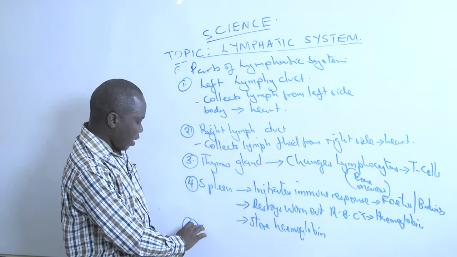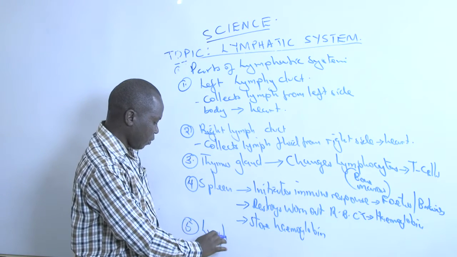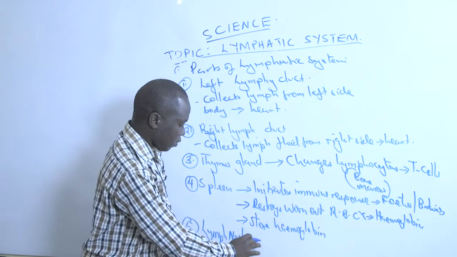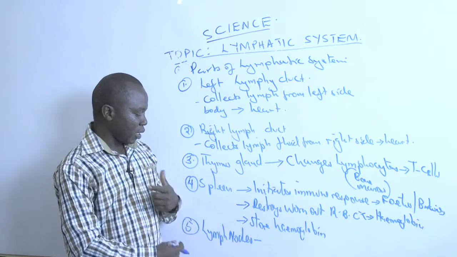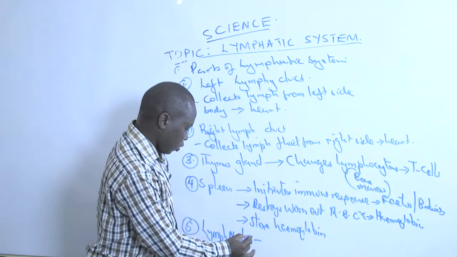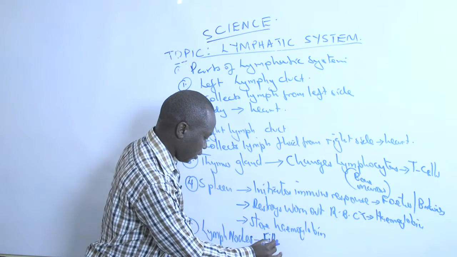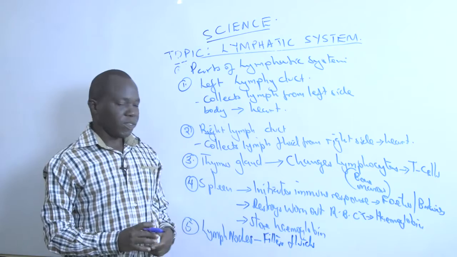We have the lymph nodes. We have mentioned types of them: the cervical in the neck region, axillary in the armpits, and then the pelvic region. So the major role of lymph nodes is filtering the fluid.